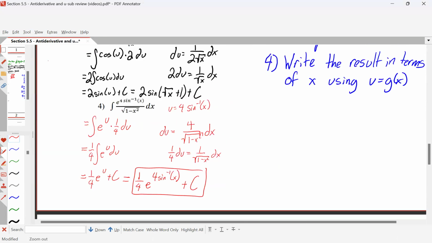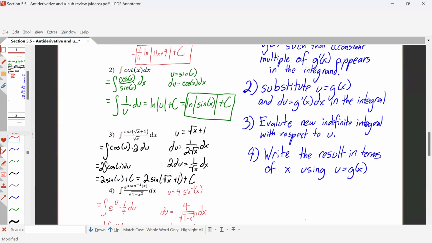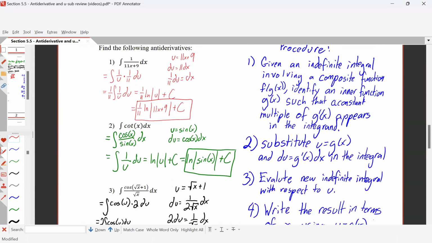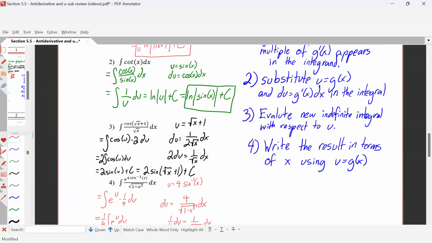So when it comes to doing antiderivatives without bounds, we need to make sure we go back in terms of x and remember our plus c. But the process of u-substitution is working to make sure we can get to an integral we already know exactly how to work.